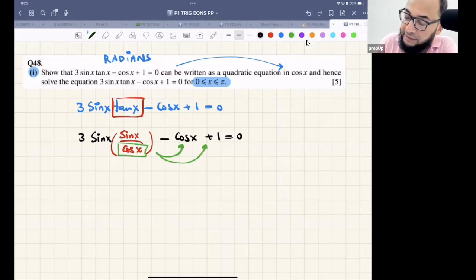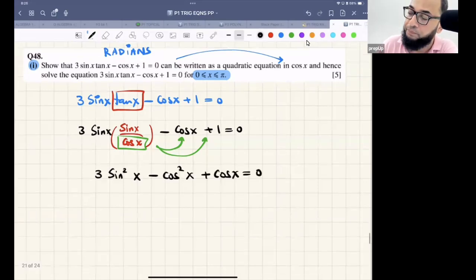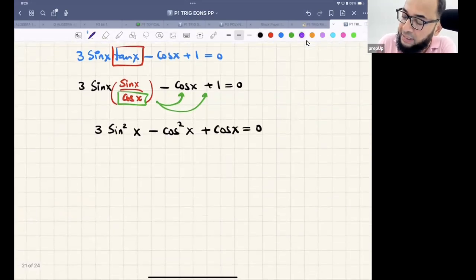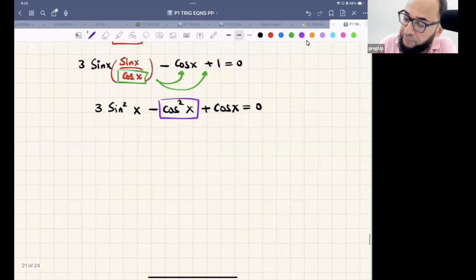Therefore this is 3 sine square x minus cosine square x plus cosine x equals 0. The second step is to convert this cosine square x. We know that sine square plus cosine square equals 1, therefore cosine square is 1 minus sine square. So this is negative, this is 1 minus sine square x.